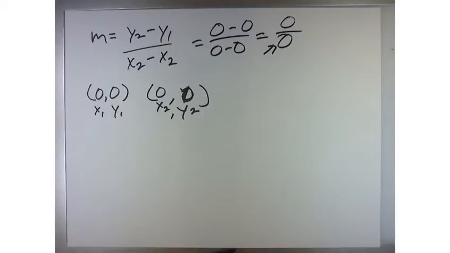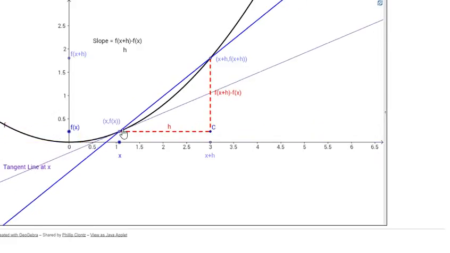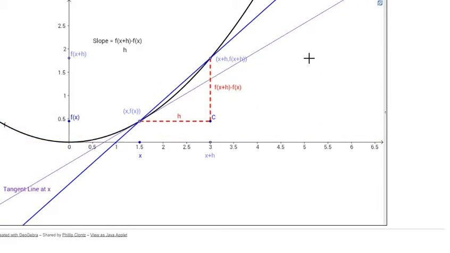So now let's pick out another spot. Maybe 0 is the issue. So if I go back and I pick out another spot, let's say you guys will pick, we'll pick 1.5. So I've got 1.5 comma 0.5, or a little bit less than that. Well, let's pick an even number.